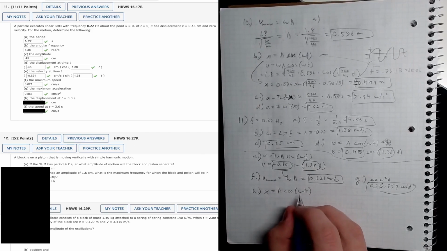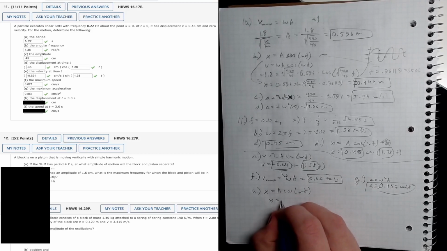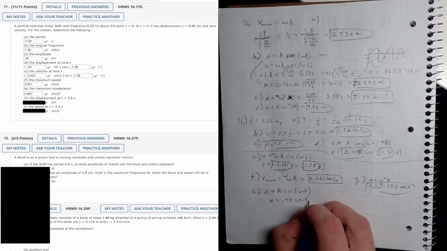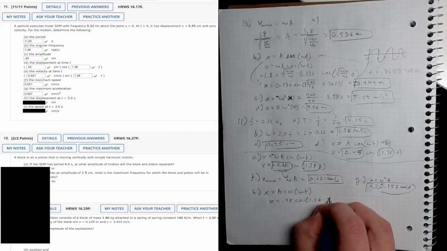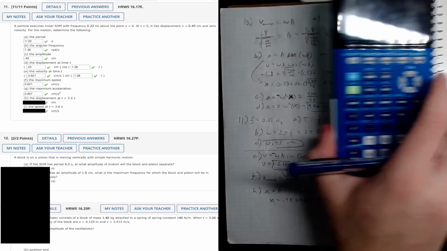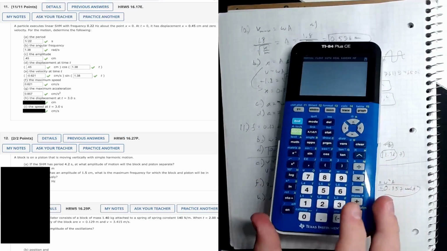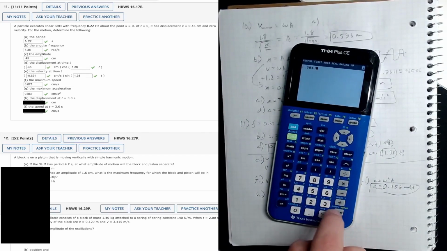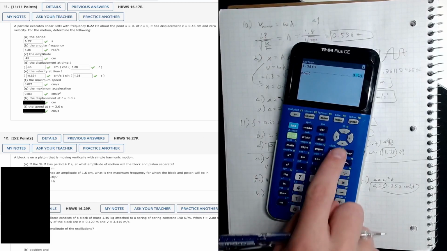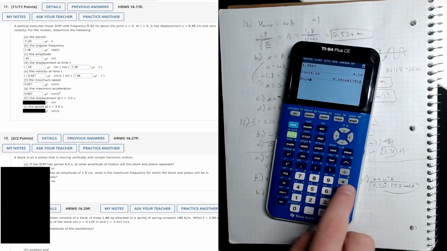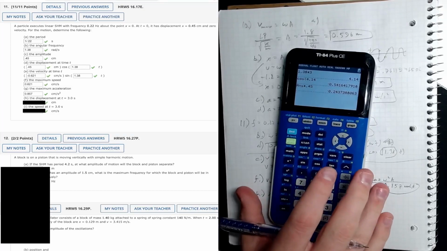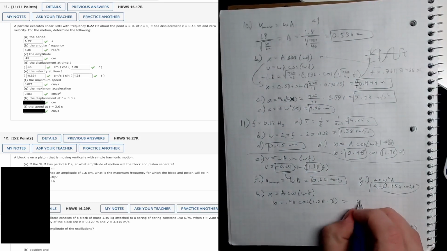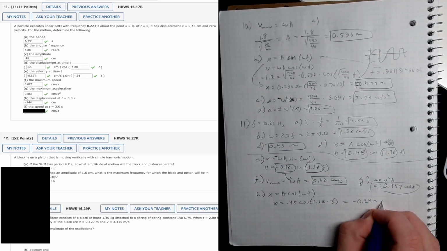We know A, we know w, we know t in this situation, so just plug it in. x equals 0.45 cosine of 1.38 times 3, which is negative 0.244 centimeters.